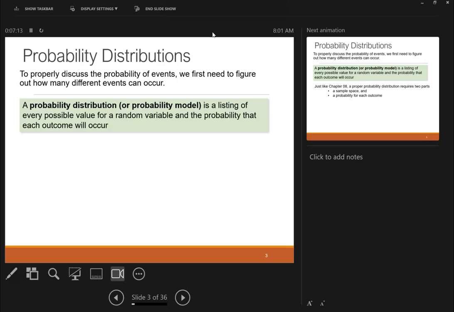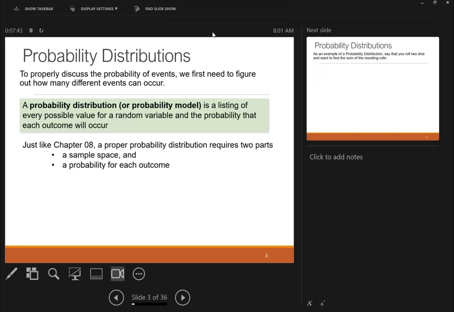So just like in chapter 8, we can talk about a probability model here. That's just listing every possible value for the random variable and the probability that each one of those possibilities occur. So it's just enumerating everything out. What are all the different things that can happen and the probability that that event could happen. I should say outcome, not event.